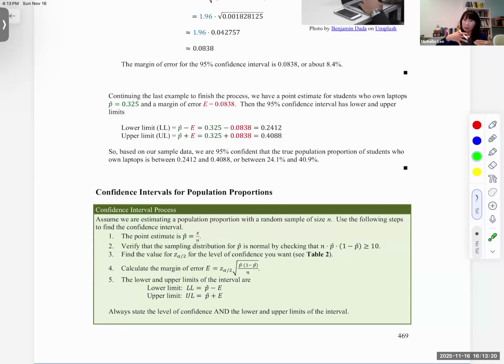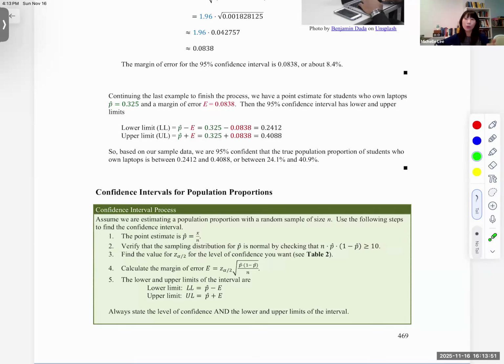So how do we check? n times p times 1 minus p must be greater than or equal to 10. But in that case, p is unknown, so we use p hat. So n times p hat times 1 minus p hat must be greater than or equal to 10. So that is a normal distribution.